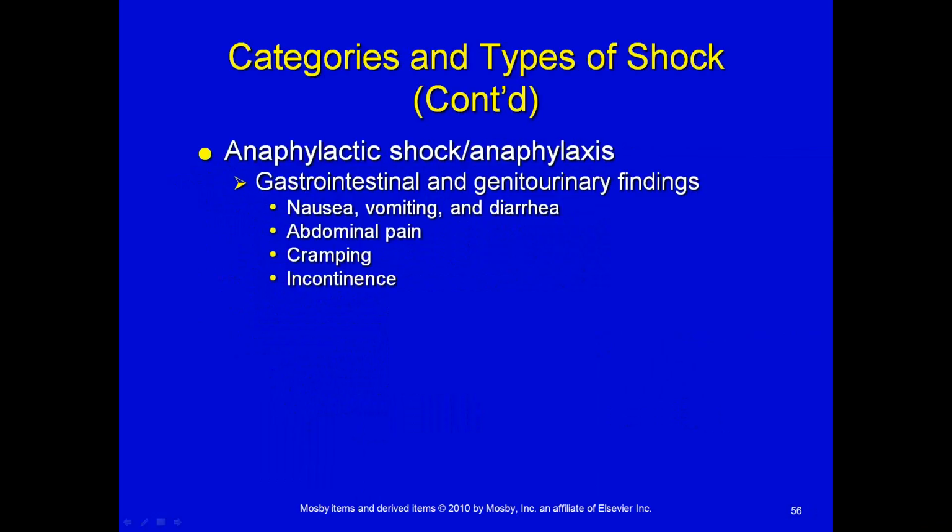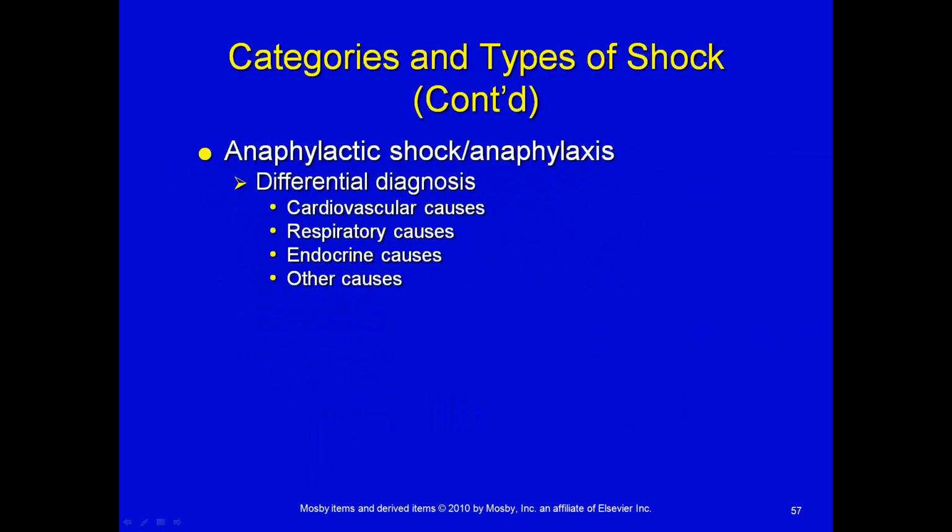Gastrointestinal and genitourinary findings that we can see with anaphylaxis that we often overlook and forget: nausea, vomiting, and diarrhea, abdominal cramping, incontinence may also go along with anaphylaxis. Again, we're going to assess all the systems to make sure that there isn't a cardiovascular problem causing this, a respiratory problem causing this shortness of breath, an endocrine problem causing what it is that we're seeing.